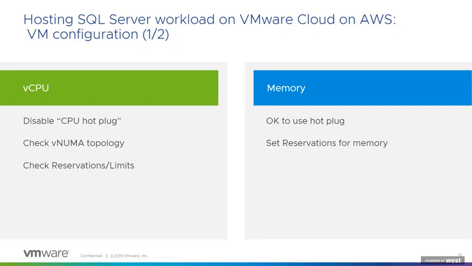We recommend rechecking the vNUMA topology that will be exposed to your VM, because you're moving from an on-premises ESXi host, having its own vNUMA structure, to your AWS bare metal host, for example i3 bare metal, having 2 sockets, 18 cores, and 1 vNUMA node being 18 cores. So that means you might ensure that a VM having 18 vCPUs assigned will fit into 1 virtual NUMA node.